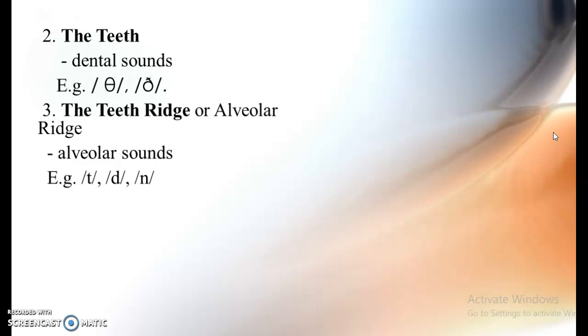So, the teeth ridge is actually the convex bony part seen just below the upper row of teeth. This area actually covers the root of the teeth. So sounds formed at the teeth ridge are known as alveolar sounds. And examples are t, d, n.